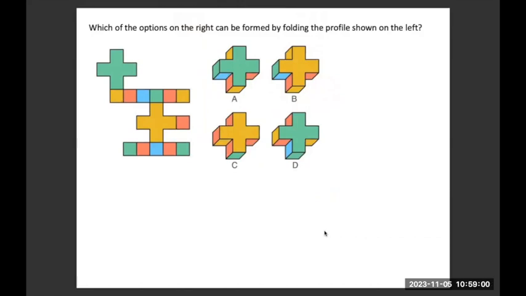Okay, this is the next part. Here you're given a surface development on the left side, you have to guess, this is an MCQ based question, one or more answers are correct in this case.